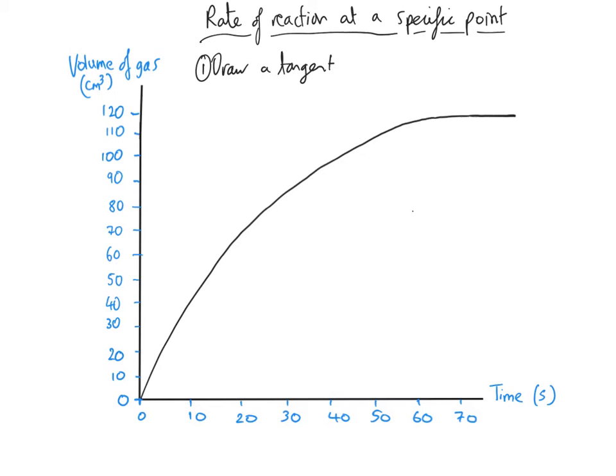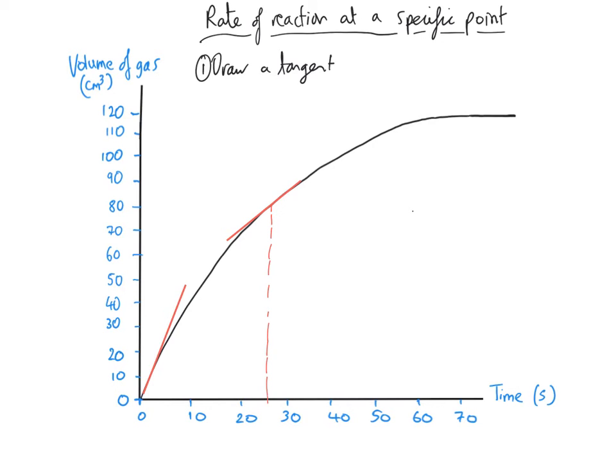So what I mean by that is if we looked at 0, 0, and we looked at the tangent at the beginning, the tangent would be a straight line that sort of follows the curve at the beginning. And then let's draw another tangent later on in the reaction. And so this tangent is for the rate of reaction not at the start, but at this point on here.